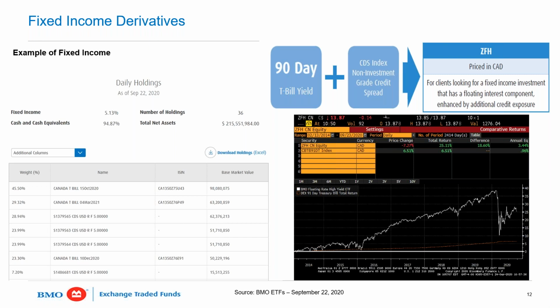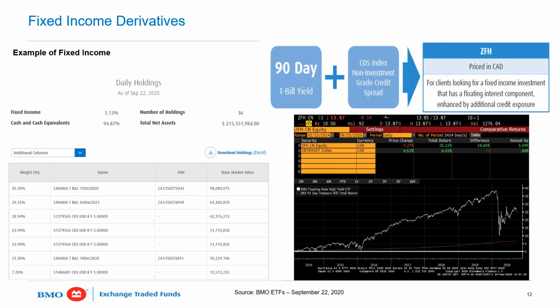Sure, and I think you can start to sense a theme here when you see holdings that are 90+% T-bills or cash equivalents. Typically T-bills are held as collateral for a derivative, so when you see 90% or 95% cash or T-bills in a fund, generally that's a clue that there are underlying derivatives going on, and you can take a closer look at what the exposures are. This particular ETF is our ZFH.